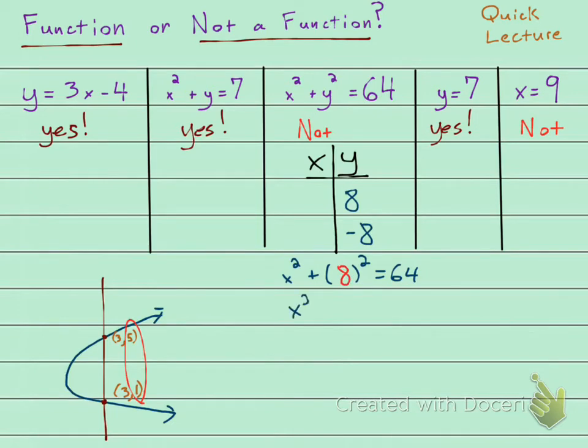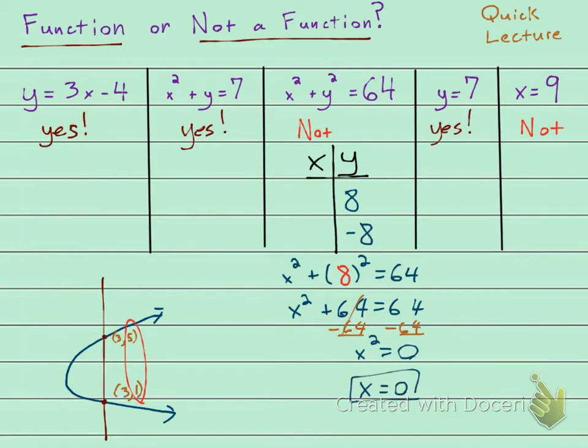So x squared plus 64 equals 64. Subtract that 64 from both sides of the equal sign, and you will find out that x squared equals 0. Okay, so x is 0.